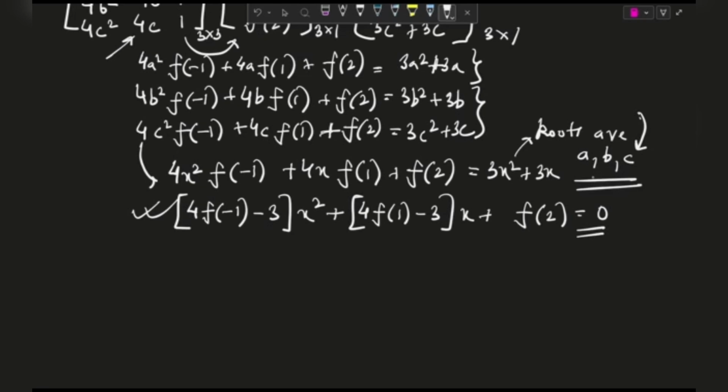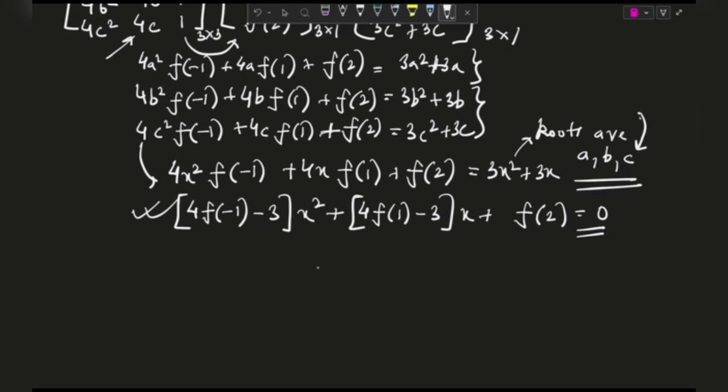If you don't know about these basic concepts, you should read them from number system itself. There is a theorem called the fundamental theorem of algebra in the first chapter of JEE in sets, or if you read number system somewhere in class 9th and 10th, there also there is the fundamental theorem of algebra. From there you will know that any quadratic equation generally has two roots, but if it has three roots or more, it means that it is an identity.